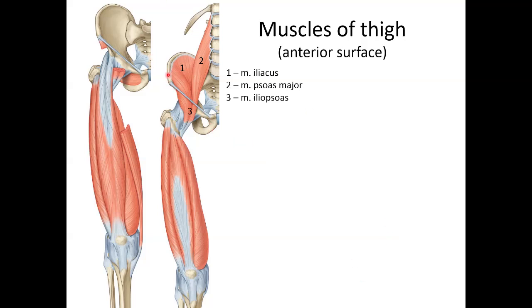What is this? It's ligamentum inguinale. We can say ligamentum inguinale is a border between the abdomen and the thigh. So, in the abdomen, there are two separate muscles, iliacus and psoas major, and in the thigh we can find that they are connected together in a single muscle, musculus iliopsoas.